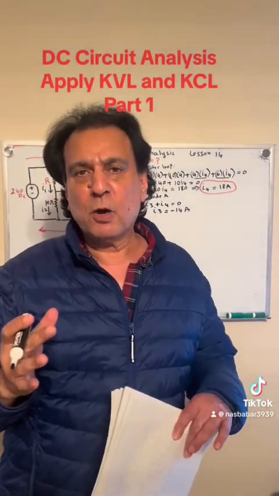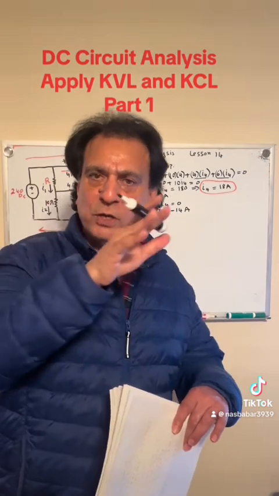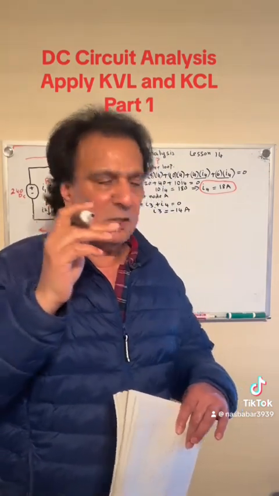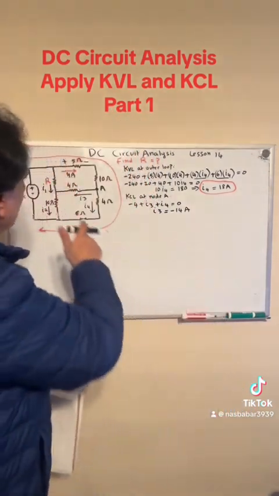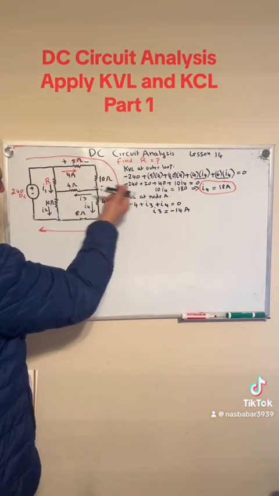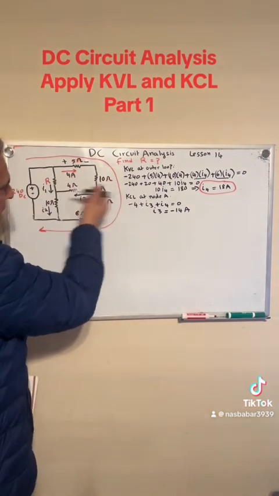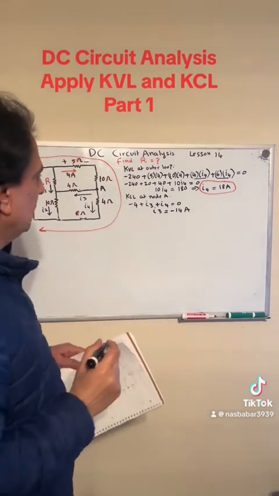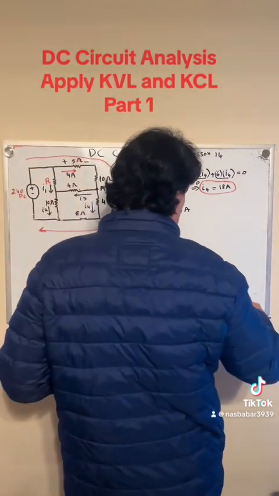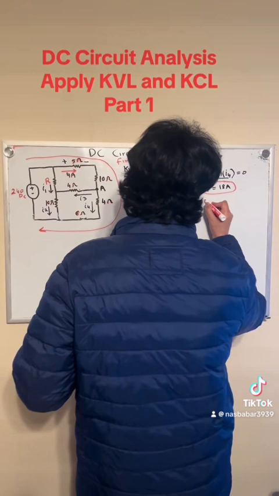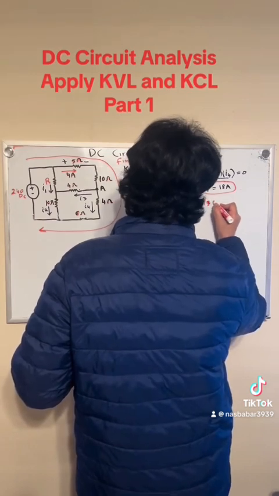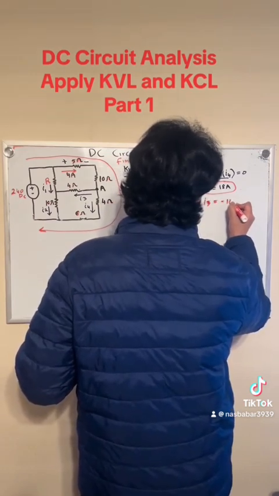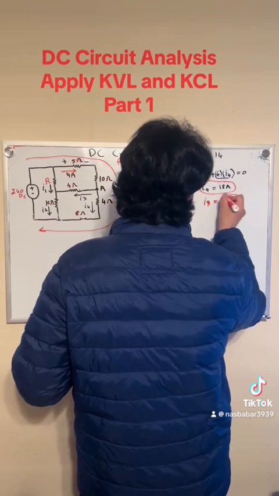When you're working a problem and your assumed direction turns out to give a negative value, just leave it the way it is. So now we have I3 equal to negative 14 amps. I'm going to circle that.